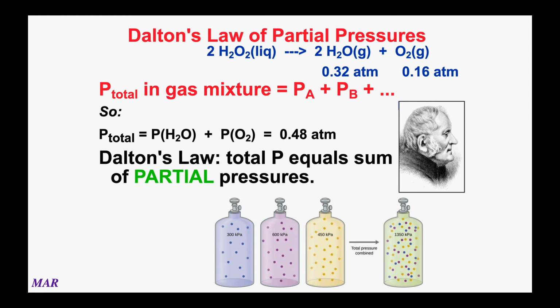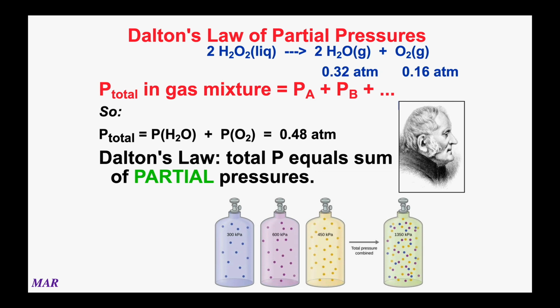In the lower picture right there, it shows 3 different gases at those 3 different pressures. A kilopascal is another type of pressure that can be measured. But if you mix all 3 of those together, then you'd have a total of 1,350 kilopascals, which is equal to 300 plus 600 plus 450.